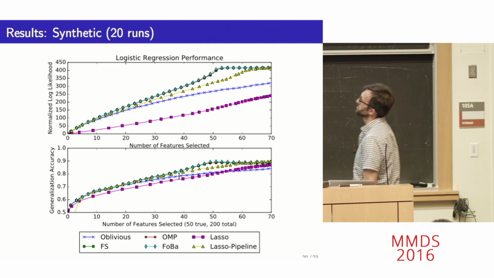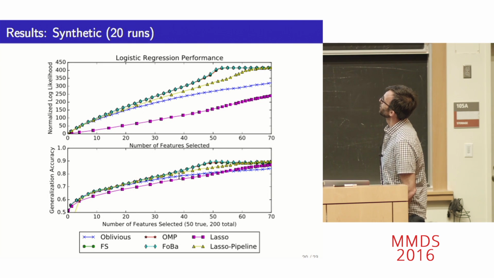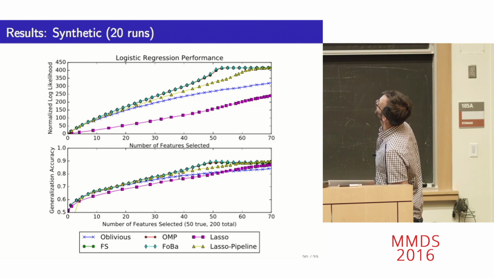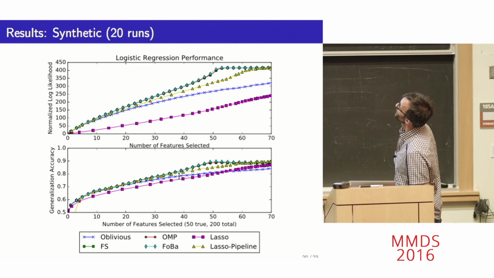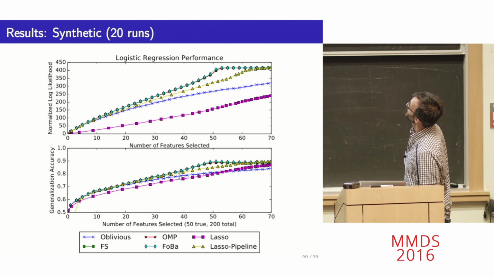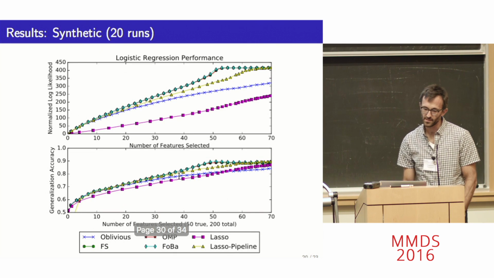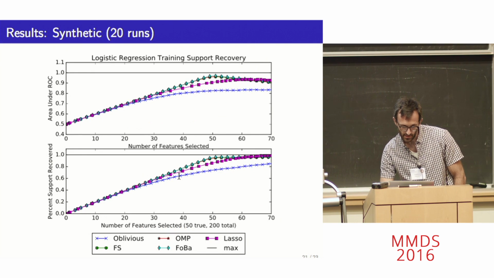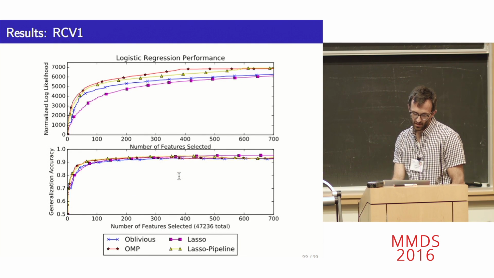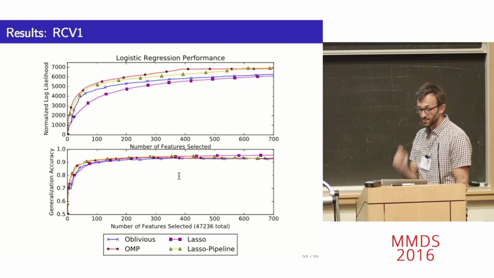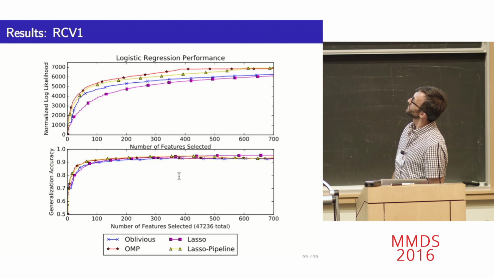But in terms of generalization accuracy, the algorithms are doing fairly similarly. But it looks like the greedy selection is on top in both cases. And this is all the synthetic. This is using logistic regression, and then this is for the text classification problem, where we observe similar trends.